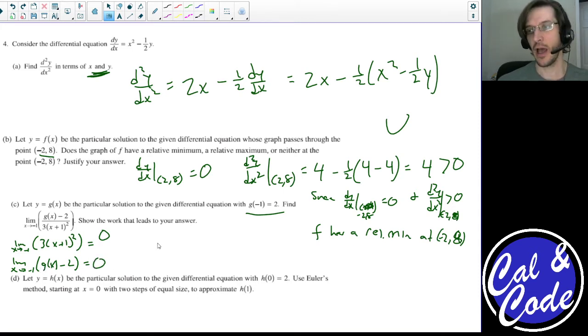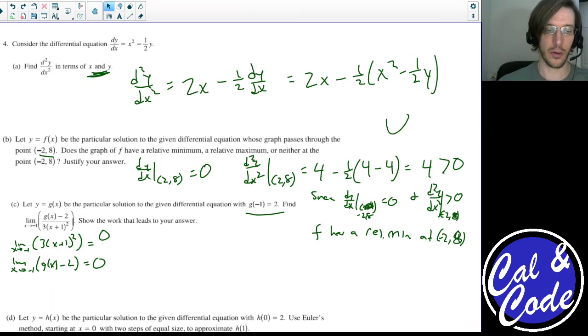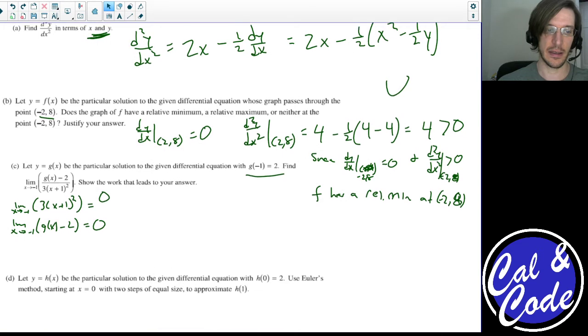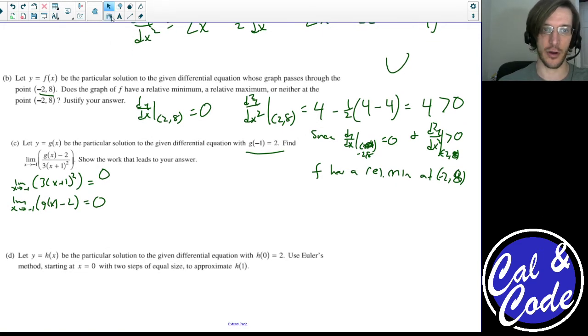Oh my gosh, I got both a 0 in the numerator and the denominator. The world feels like it's coming to an end, but alas, L'Hopital is here to save me. So that means I can use L'Hopital's rule.